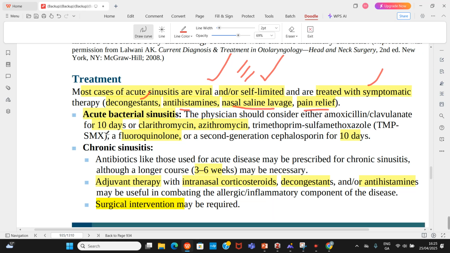So for the bacterial sinusitis, don't forget, you want to give antibiotics, and the major antibiotic you use is just amoxiclav. Even if somebody is having otitis media, give amoxicillin. If amoxicillin doesn't work, give amoxiclav. That's the way it works. So here too, you can give amoxiclav to treat the sinusitis.